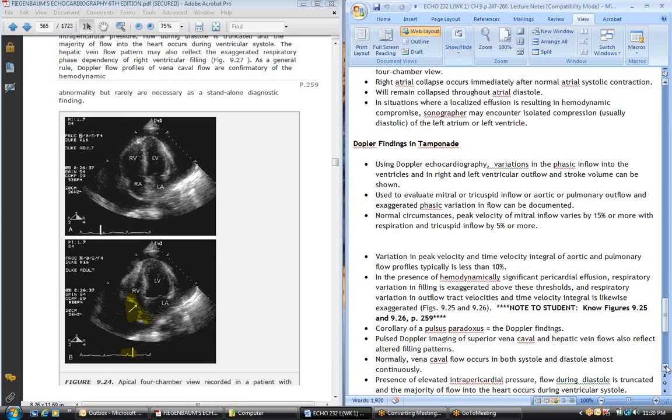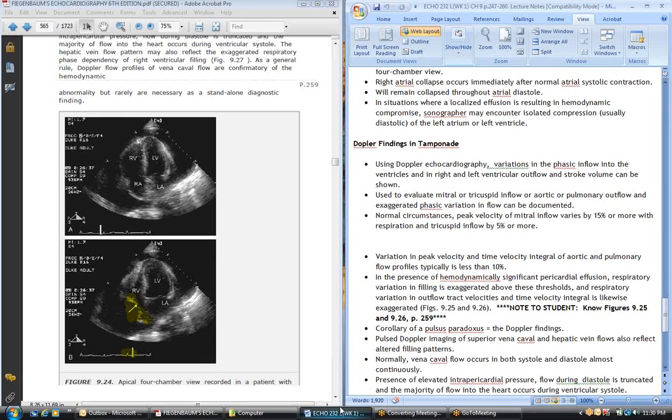So if you have a Doppler running and you're taking aortic outflow, it shouldn't vary with respiration more than 10%. In the presence of a hemodynamically significant pericardial effusion, respiratory variation in filling is exaggerated above these thresholds, and respiratory variation in outflow tract velocities and time velocity integrals, or VTI, is likewise exaggerated.